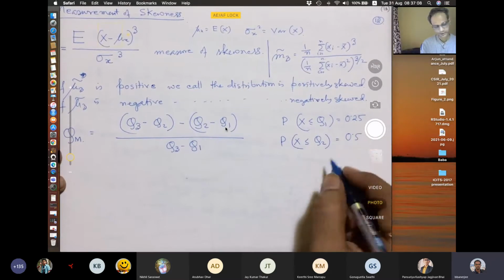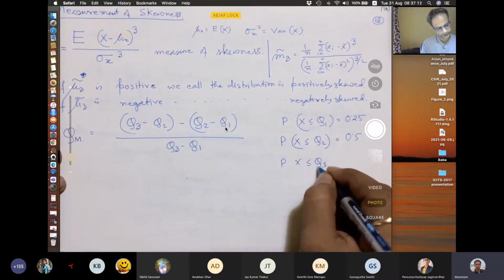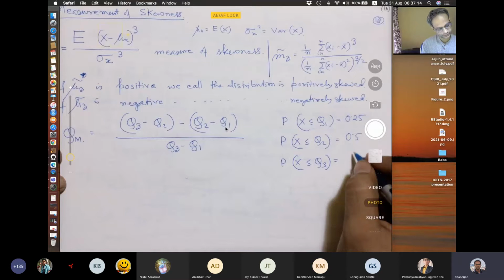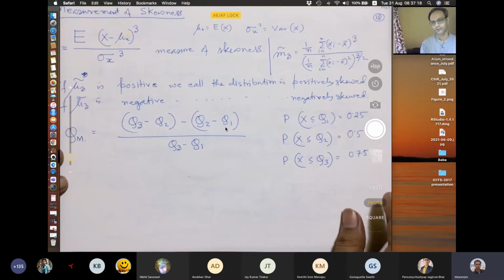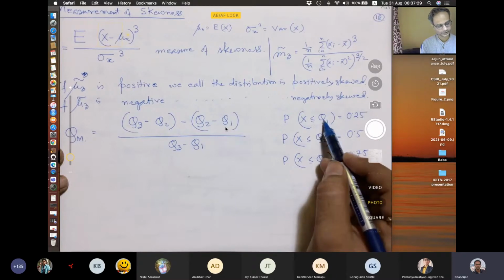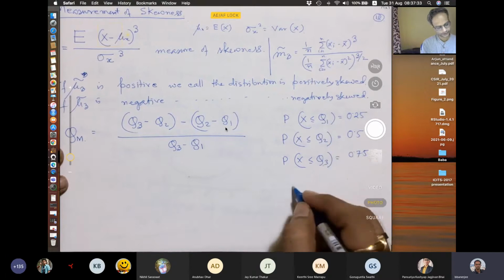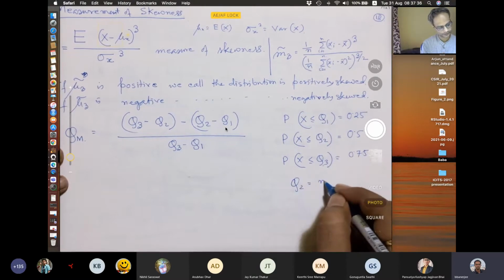Probability x less than or equal to Q3 is 0.75, the third quartile. The fourth quartile is the highest point, because probability x less than or equal to Q4 is 1. So this is the first quartile, this is the second quartile, same as the median, and this is the third quartile. So Q2 is the median.